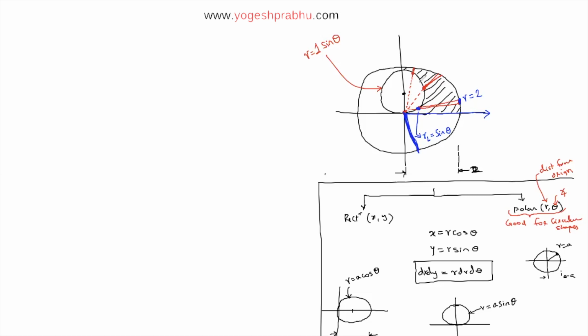Because it has to be in the shaded area only. What is the lowest end? Theta equal to 0, right? This line. Tell me about the highest end. Pi over 2. We got the limits, no? What are the limits? Theta goes from 0 to pi over 2, and r will go from sine theta to 2.